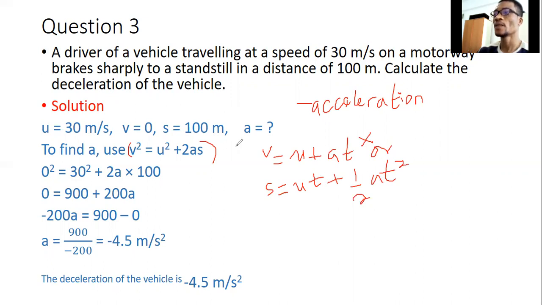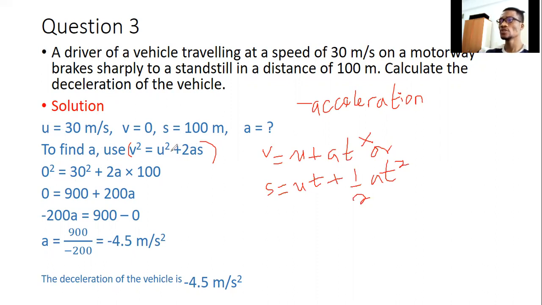So the third equation is the appropriate equation to use, because we have final velocity, which is 0, initial velocity, and distance, and we're looking for acceleration. We are going to make this the subject of the formula to get the value of our acceleration.